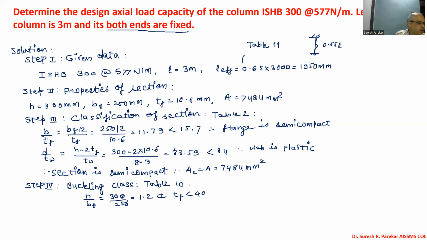And therefore, if we will go to table 10, then we have buckling class B for ZZ, class B for ZZ axis, and class C for YY axis.